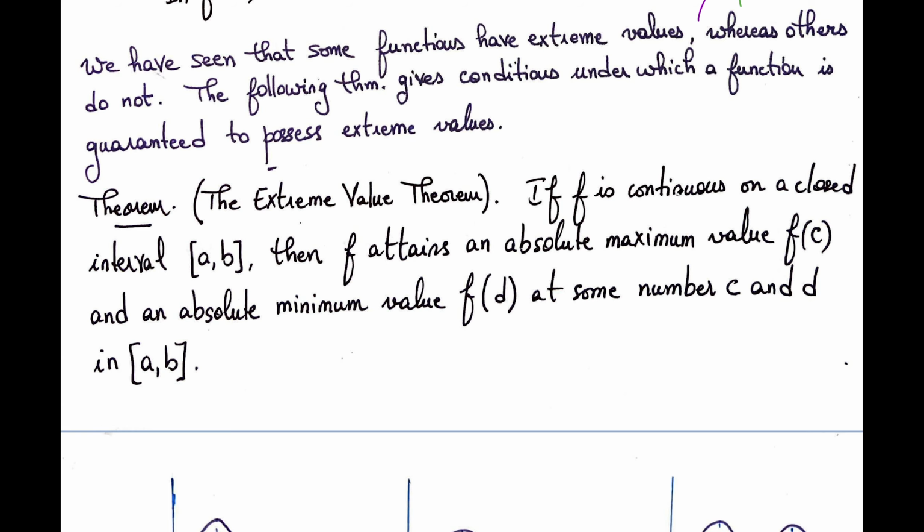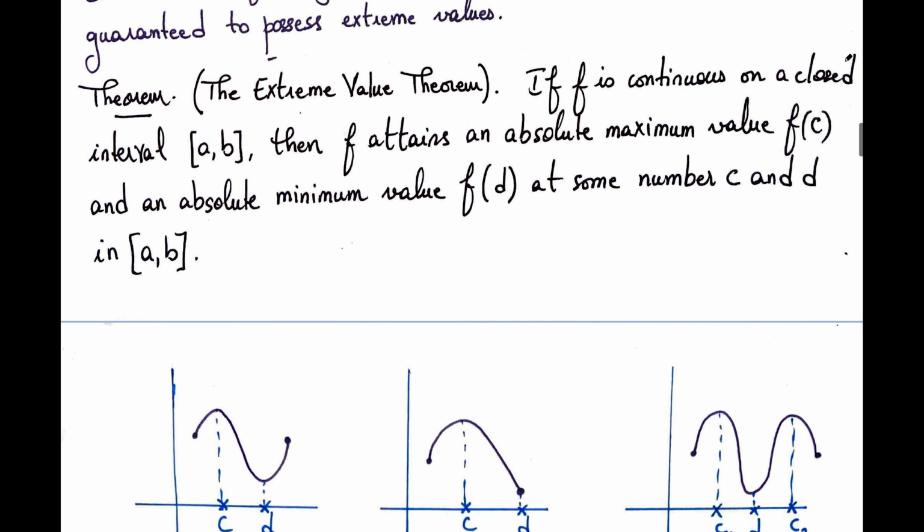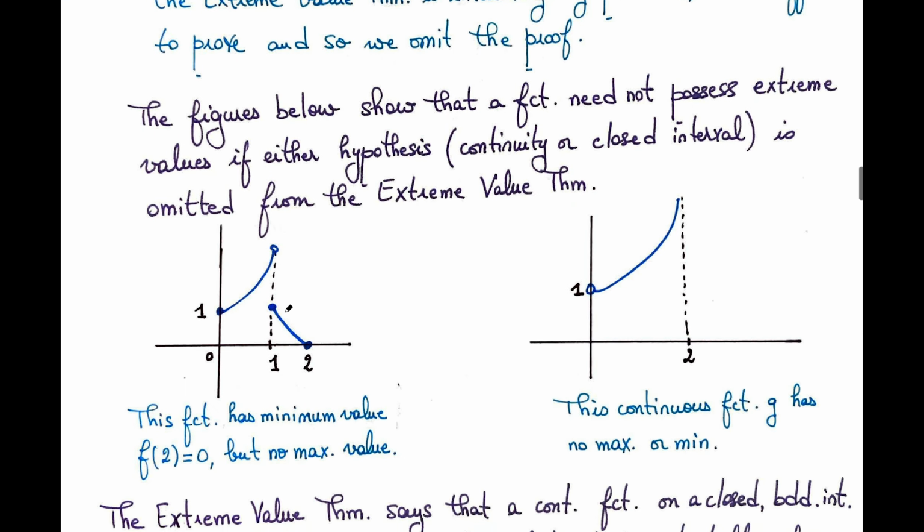If you drop continuity and retain the closedness and boundedness of the set, so this set 0, 2 is bounded and closed, but the function is not continuous this time, so continuity fails, and as such, look at this function, it doesn't have an absolute maximum, right? Even though it does have an absolute minimum, the absolute maximum doesn't exist, correct?